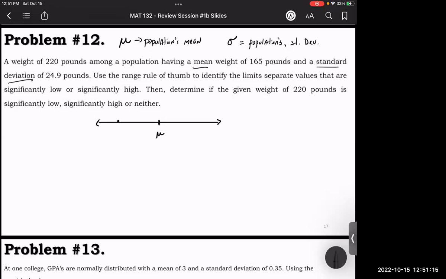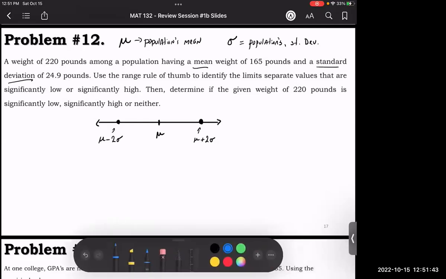Then the points that I'm circling, these dots, are the values that are 2 standard deviations below the mean. So you take your mean minus 2 times the standard deviation. And then you do the same thing on the other end, the mean plus 2 times the standard deviation. So 95% of the values are within this range, and we say that they are not significant.